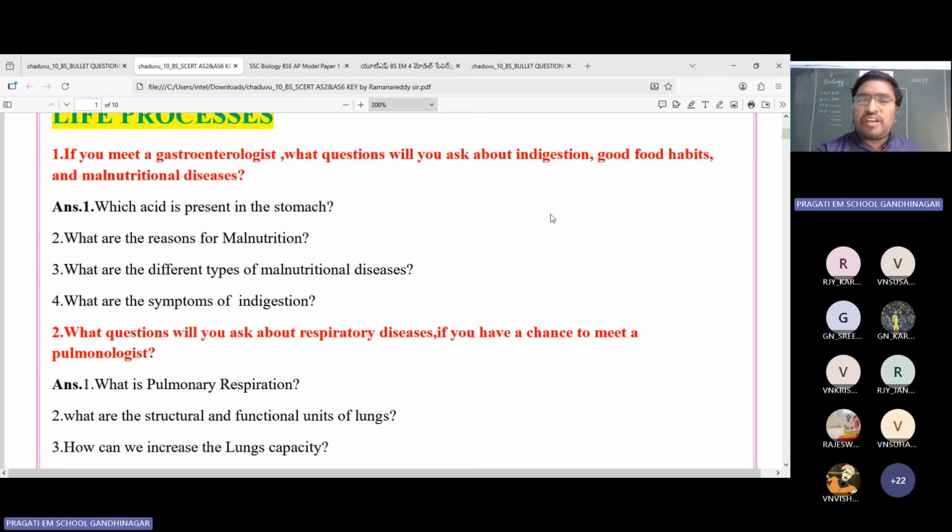So, basing on that, you can ask the questions. Okay, see the questions, children. These 4 questions are related to a gastroenterologist. Which acid is present in the stomach? What is the reason for malnutrition? What are the different types of malnutritional diseases? What are the symptoms of indigestion? So the question must be relevant. Basing on the question only you can prepare, children.